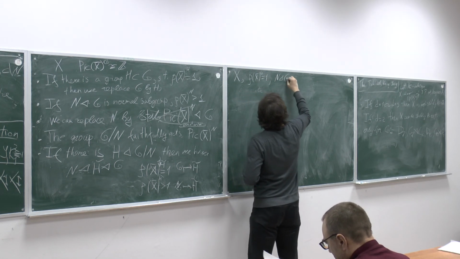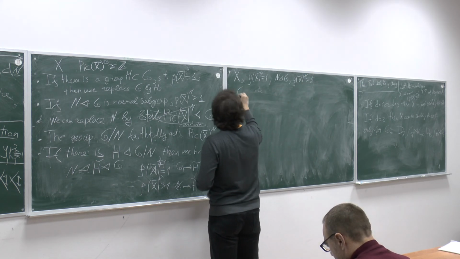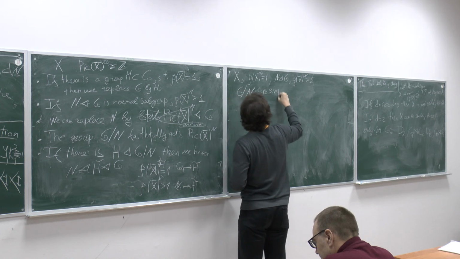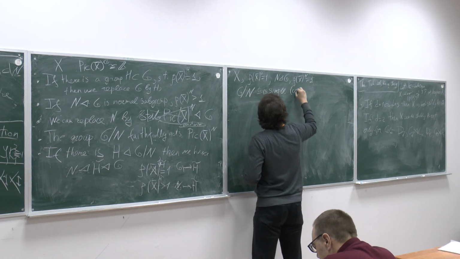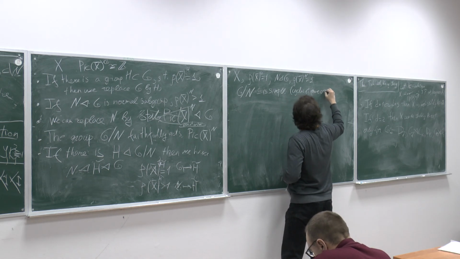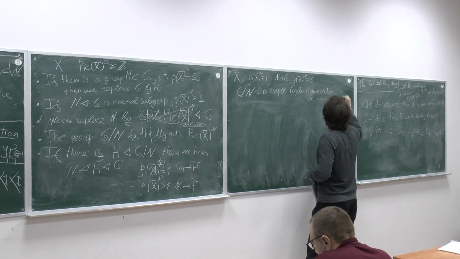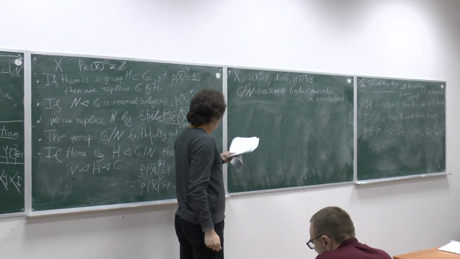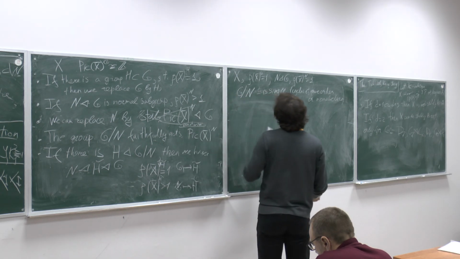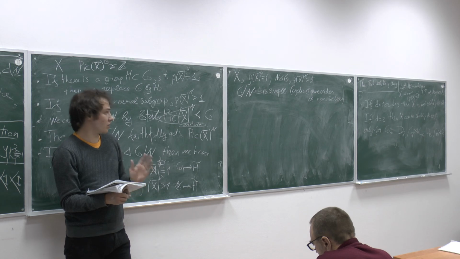There is a normal subgroup N in G such that X is not minimal under the action of N, and moreover the quotient G by N is simple, a cycle of prime order, acting on this lattice. Well, now we can start to prove something.